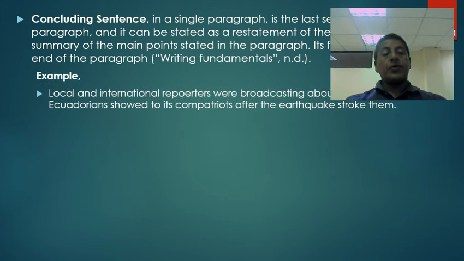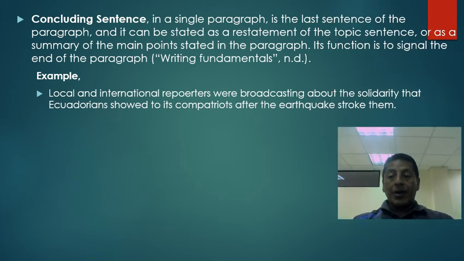The first example of a concluding sentence from the paragraph that we have been developing little by little in this micro video says, local and international reporters were broadcasting about the solidarity that Ecuadorians showed to their compatriots after the earthquake struck them. Okay, so what are we doing here? Considering the topic sentence, we could say that in this case we are providing a restatement of the topic sentence.